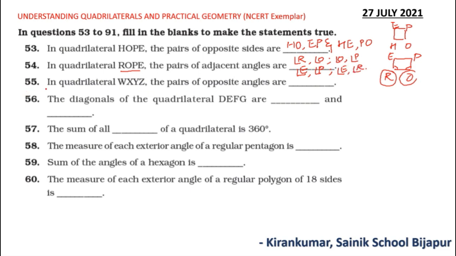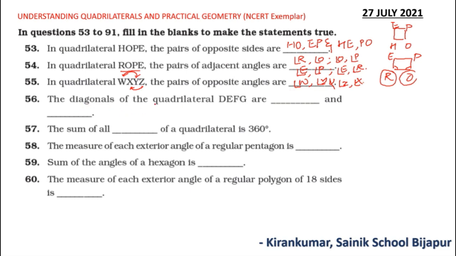Question 55. In quadrilateral WXYZ, the pairs of opposite angles are? W will be opposite to Y, X will be opposite to Z. So angle W, angle Y, and angle Z, angle X. Question 56.